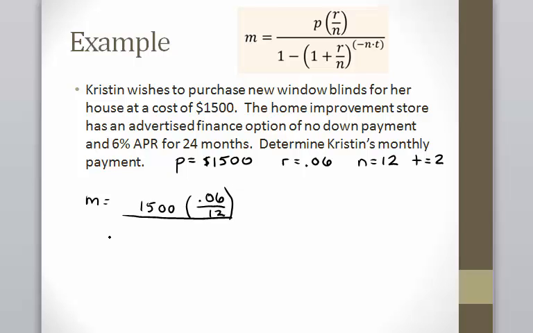For the denominator, we're going to say 1 minus, and we're going to open a parenthesis, 1 plus R, so 0.06, divided by N, so 12. We're going to close that parenthesis, and we're going to raise it to the negative N times T, so negative 12 times 2.